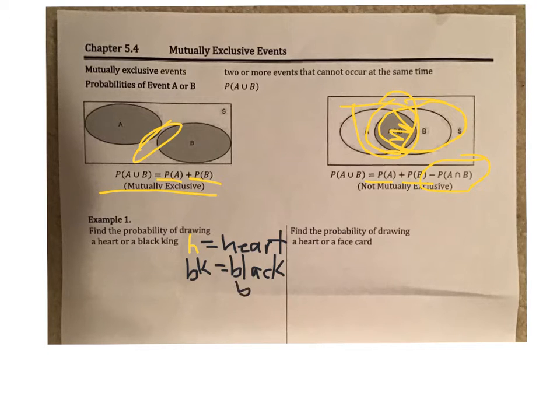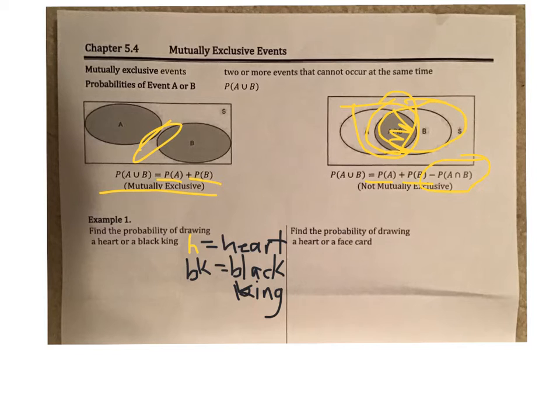Picking a heart from the playing cards, picking a black king from the playing cards. There's no such card that is both a heart and a black king. So these two events would be mutually exclusive. There would be no overlap whatsoever.